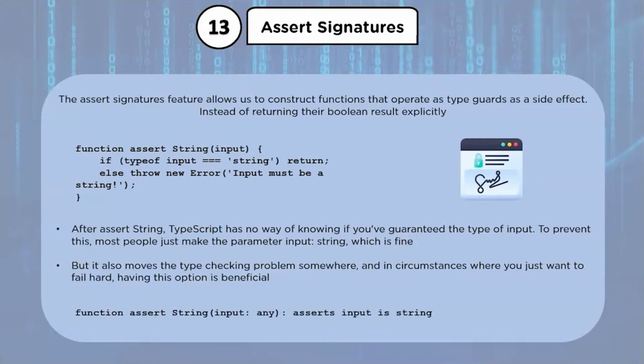If this function ever returns, TypeScript can narrow the type of input to string, exactly like it would be if it were inside an if block with a type guard. To make this safe, the assert function must either give an error or not return at all if the assertion isn't true.